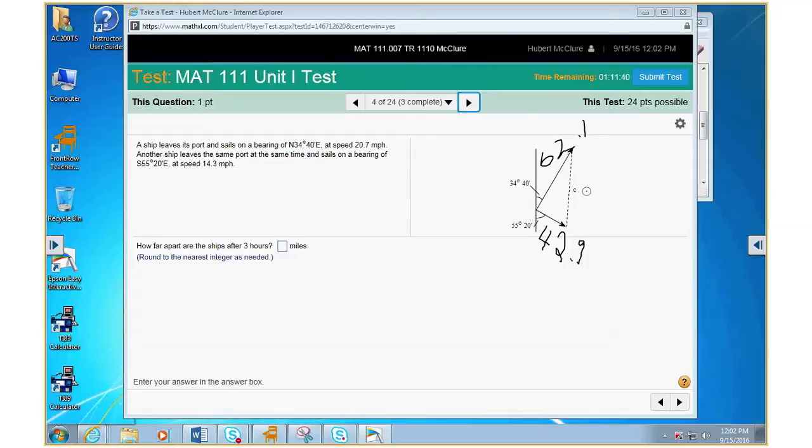What do you get? 75.47. Is that what everybody got? Okay, it says round to the nearest integer, so 75 miles. Is that what y'all got?